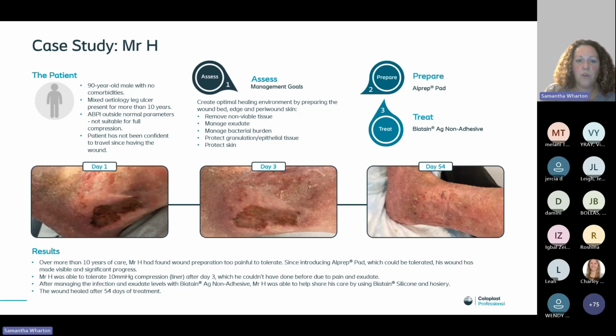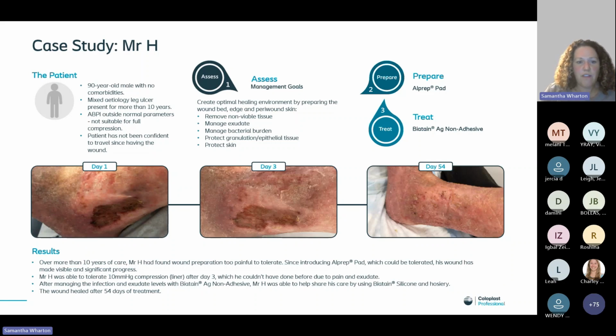Mr. H had found the wound preparation too painful to tolerate, but since introducing all prep pad, it could be tolerated, and his wound made visible and significant progression. He was then able to tolerate 10 millimeters of compression, which was a liner after day 3, but previous to that, he wasn't able to due to the pain and the exudate.